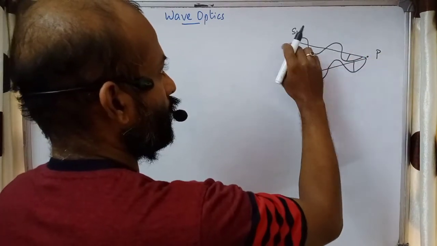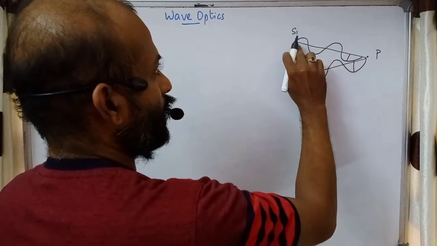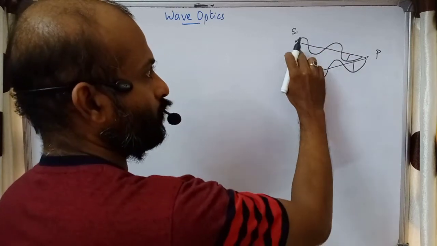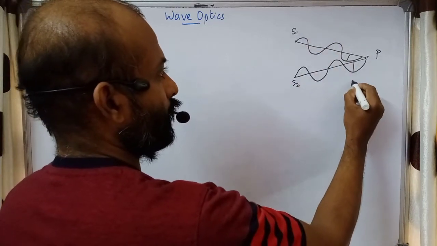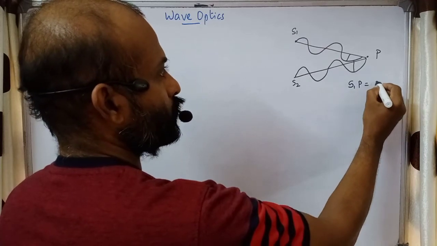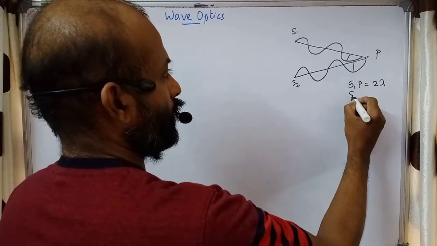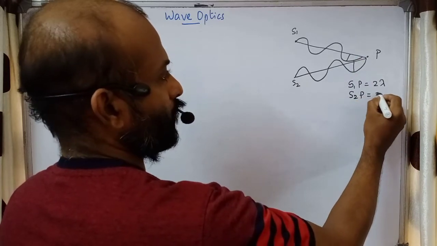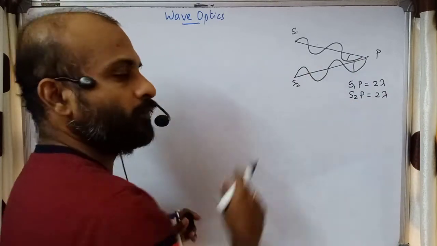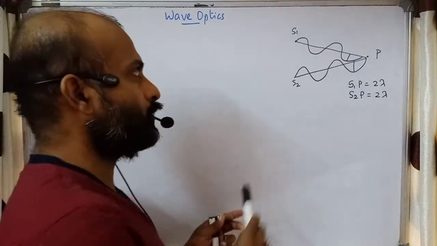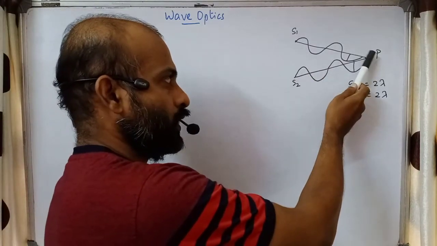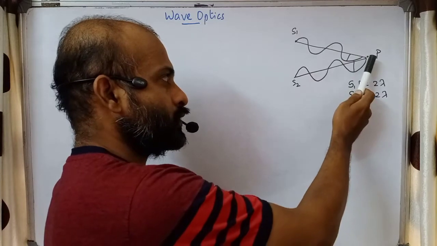Now what is the distance S1 to P? We have two waves. S1P will be equal to 2 lambda. Then S2P, what will it be? S2P also will be 2 lambda. But it's the difference in path that matters, because light waves from S1 should travel a distance 2 lambda, from S2 also should travel distance 2 lambda.